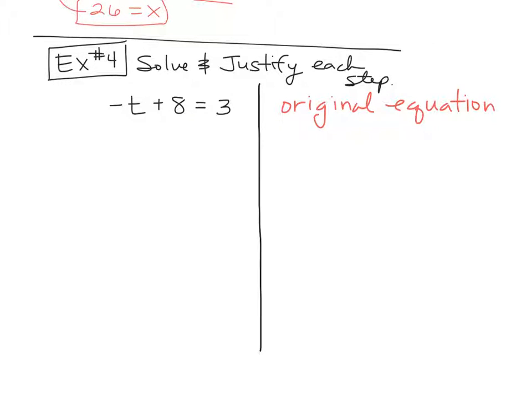Okay, so if my next step looks like this, negative t plus 8 minus 8 equals 3 minus 8, the thing that's changed is we subtracted 8 from both sides of the equation. That property, does anyone remember which property that is?